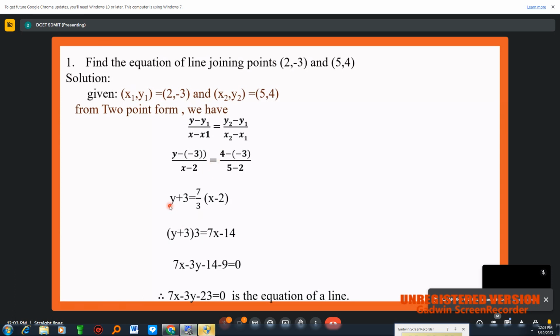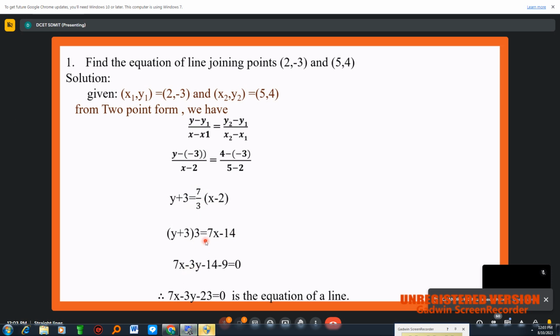What you will get: y plus 3 is equal to 7 by 3 into x minus 2. Next we take this 3 to this side, then y plus 3 into 3 is equal to 7 into x, that is 7x, minus 7 into 2, that is 14.